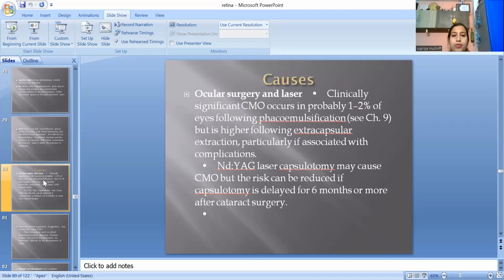Other causes of cystoid macular edema can be ocular surgery and laser. Clinically significant cystoid macular edema occurs in probably 1 to 2% of eyes following phacoemulsification, but it is higher following extracapsular extraction, particularly if associated with complications. Nd:YAG laser capsulotomy may cause cystoid macular edema, but the risk may be reduced if capsulotomy is delayed for 6 months or more after cataract surgery.